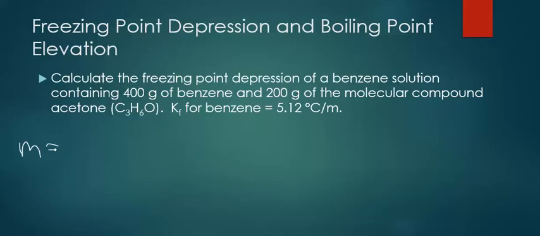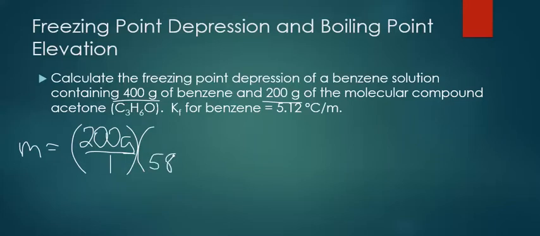It's a benzene solution, so benzene is my solvent. I have 400 grams of solvent, and I have 200 grams of acetone as my solute. In order to find molality, I'm going to take the 200 grams of the solute. It needs to be in moles, so I need the molar mass of acetone, which is 58.